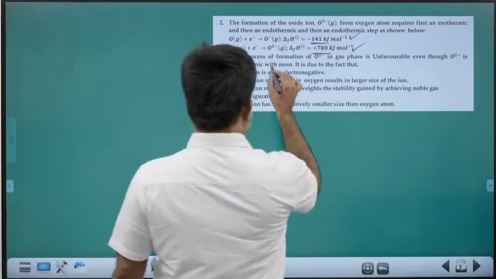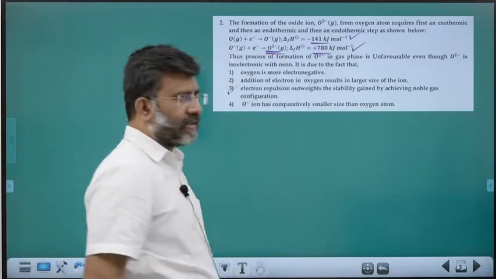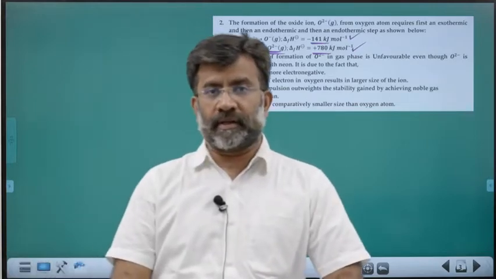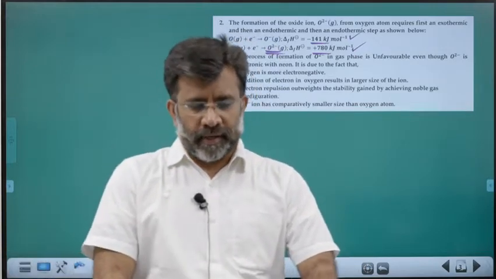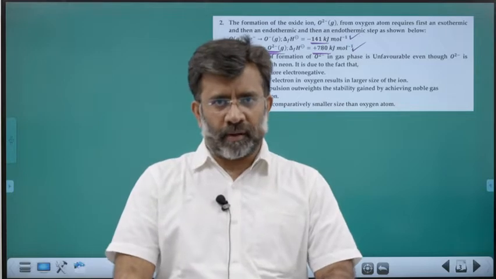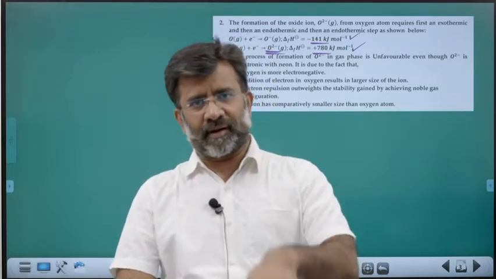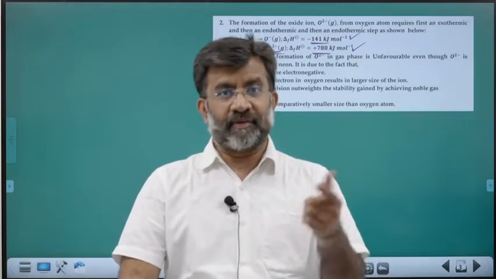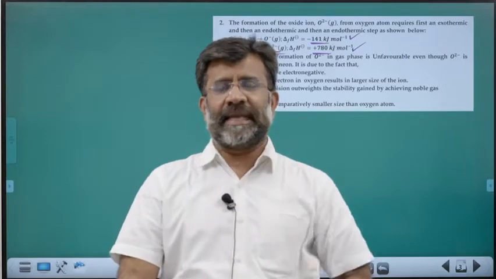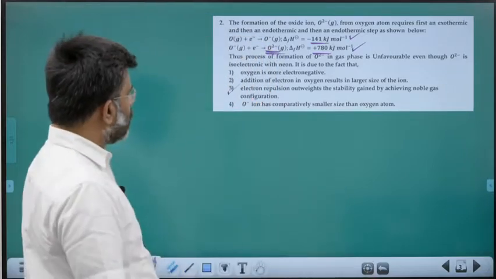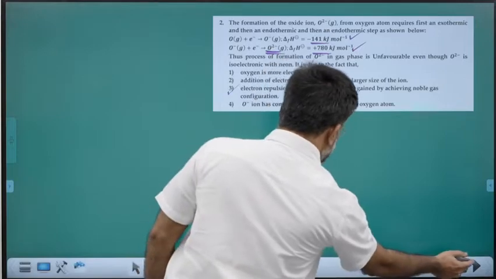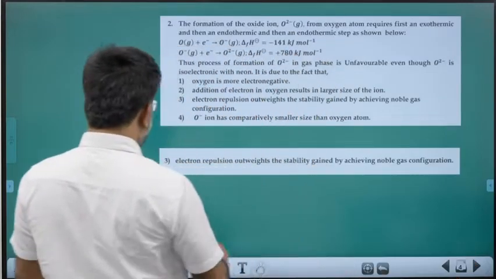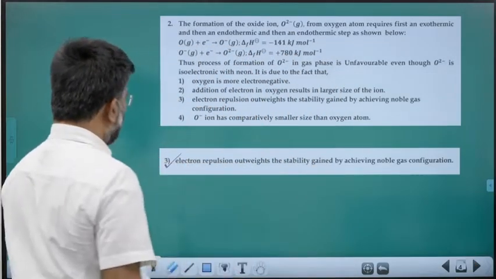Of course, it is getting noble gas configuration, but there is interelectronic repulsion. Already there were 8 electrons in the 2p orbital, right? One more electron came, and one more electron comes. There is interelectronic repulsion, which causes the endothermic nature of that system. Option 3 is the correct answer.